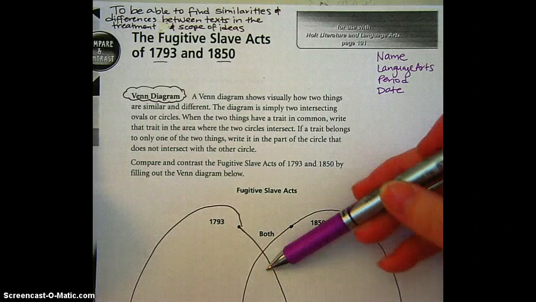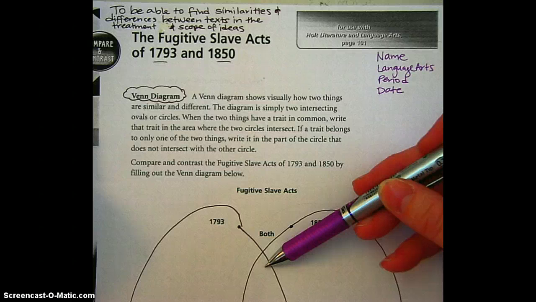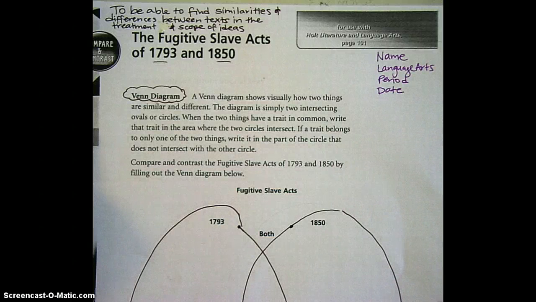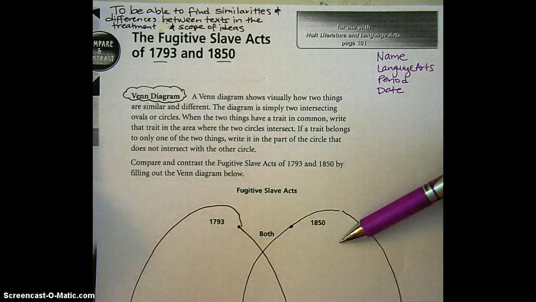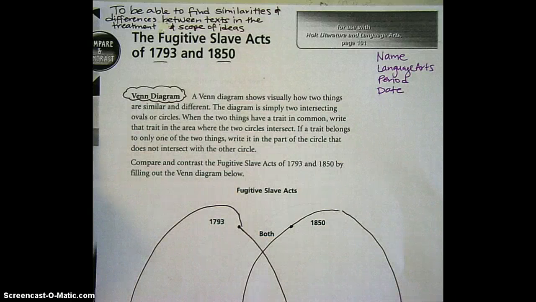So that's this part right here. If a trait belongs to only one of the two things, write it in the part of the circle that does not intersect with the other circle. So this one or this one. Compare and contrast the Fugitive Slave Acts of 1793 and 1850 by filling out the Venn diagram below.